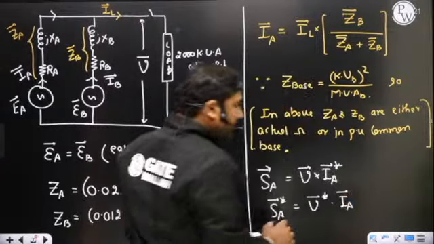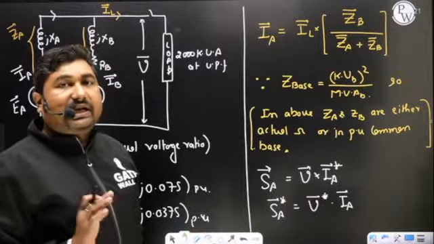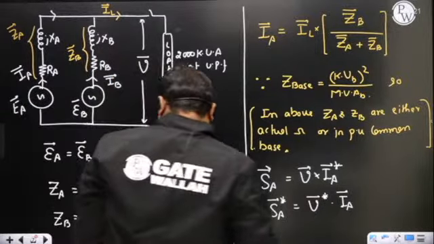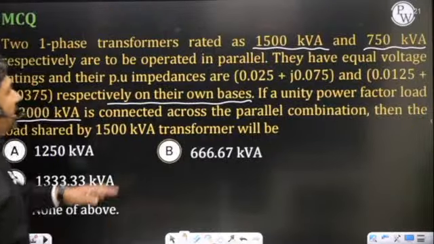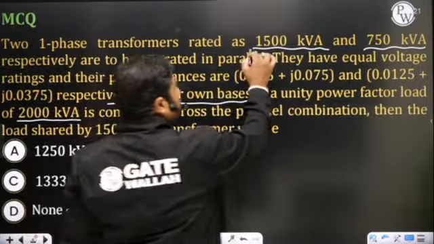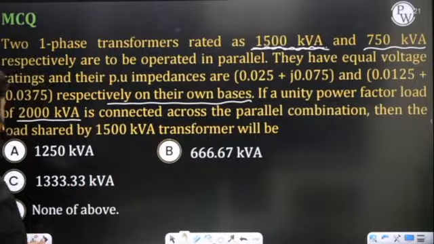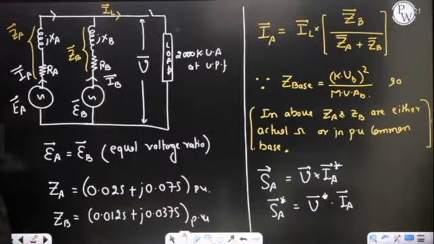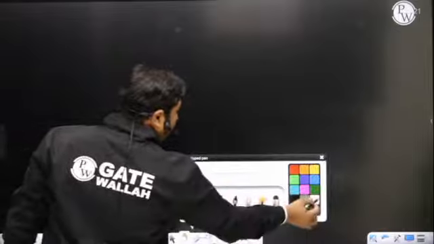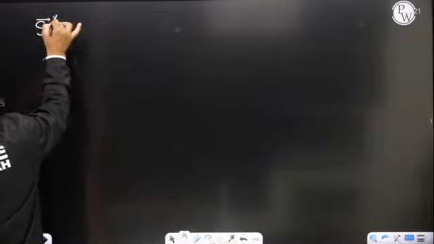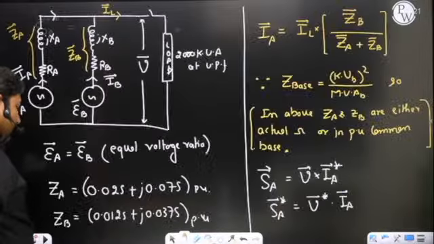I am interested in finding the KVA delivered by transformer A only, where A is the 1500 KVA transformer, as I am assuming in this question. Now please observe here. If you remember the formula, you can directly proceed from it.